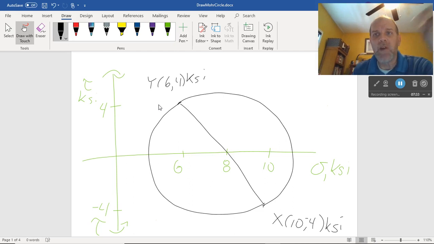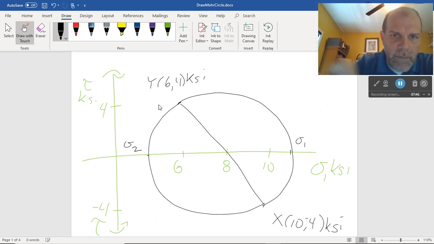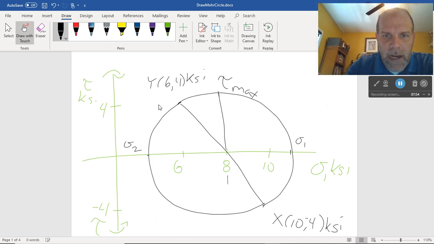Thank you very much. And sure, I'd have my maximum principal stress here, sigma 1. My minimum principal stress in the plane here. My maximum shear stress in the plane there, corresponding to the 8 ksi axial stress.